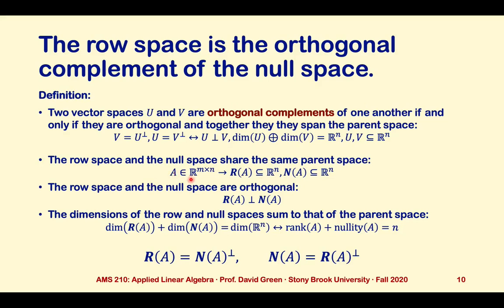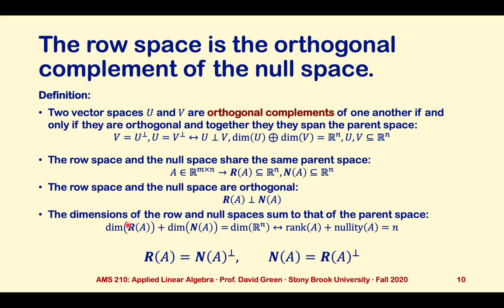That is, if A is an M by N matrix, both the row space and the null space are subspaces of Rn. They have the number of columns of A. And we saw how the dimensions of the row and the null spaces sum up to the dimension of the parent space. The dimension of the row space plus the dimension of the null space is the dimension of Rn.